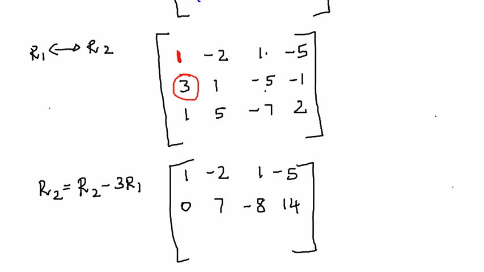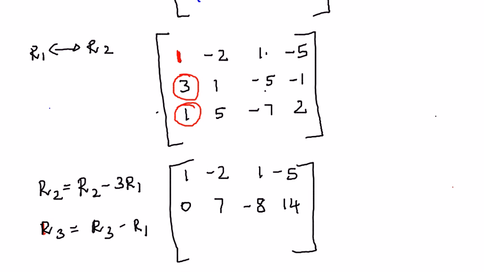Next we want to make this element also 0. That can be done by directly subtracting row 1 from row 3. Not R2, this should be R1. R3 minus R1.